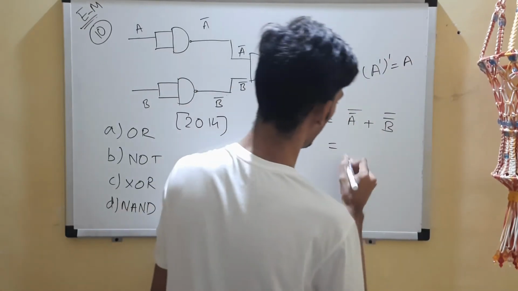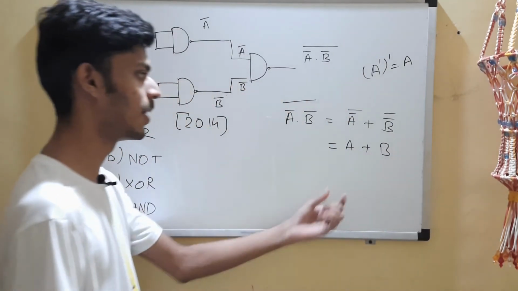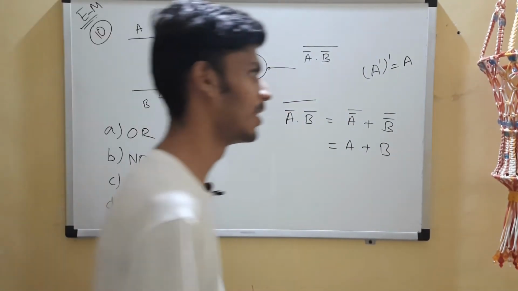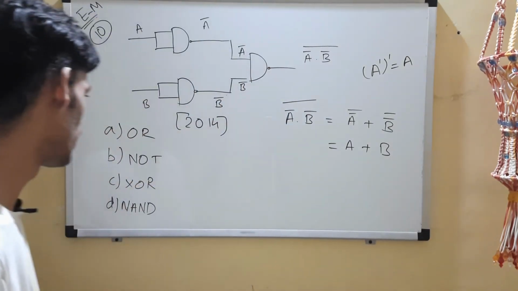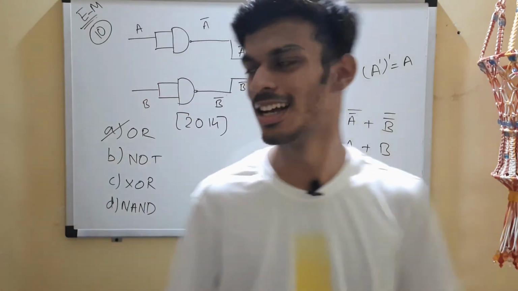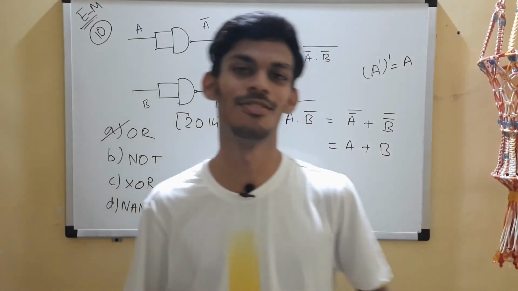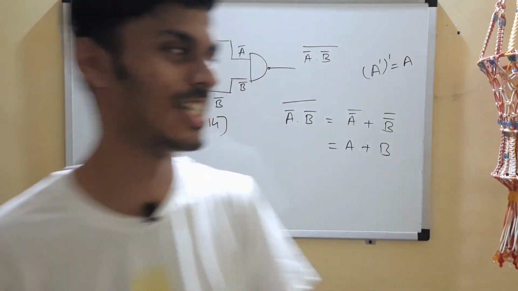So A complement complement is A and B complement complement is B. So A plus B, and this is nothing but the Boolean algebra of our OR gate, right? So option A, OR gate, is the correct answer. Sorry, this question was from 2014. Okay, let's move to the next question now.